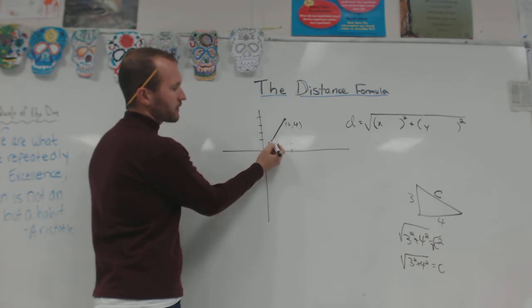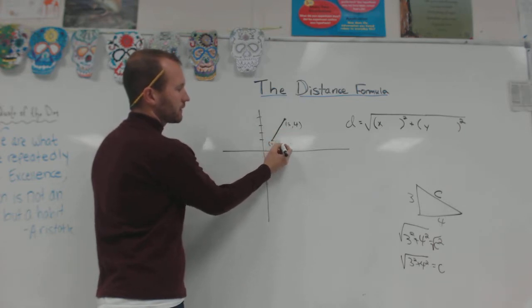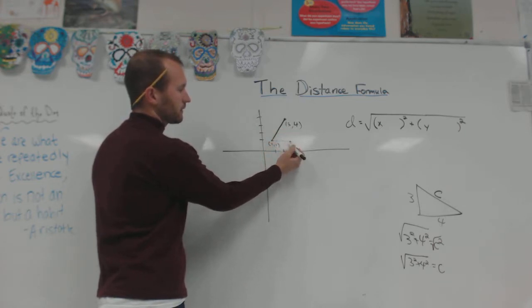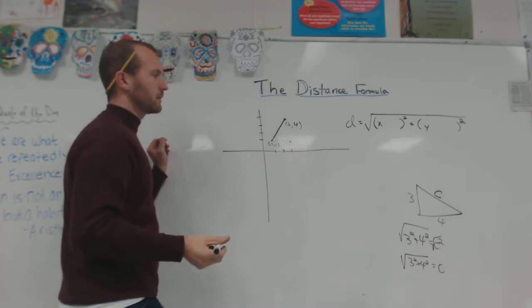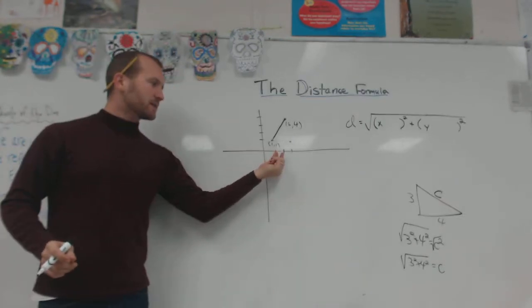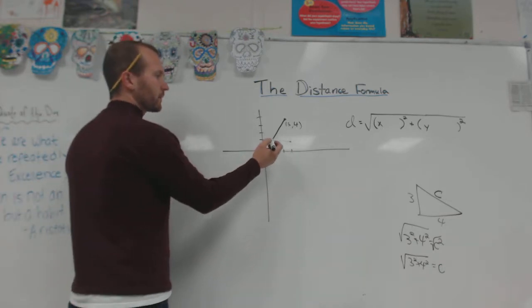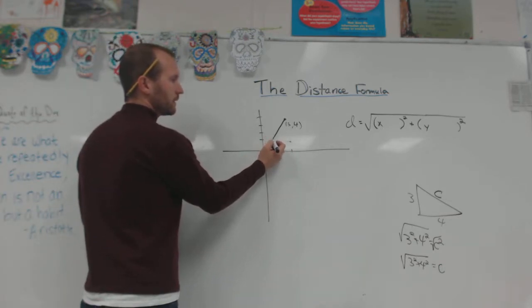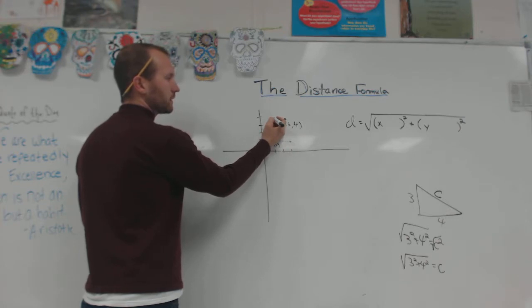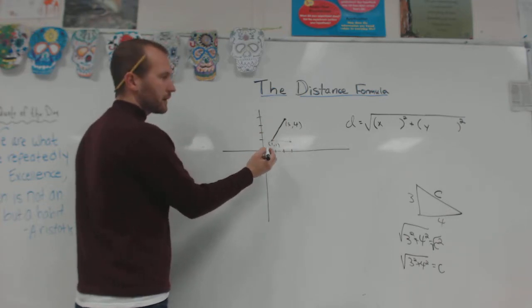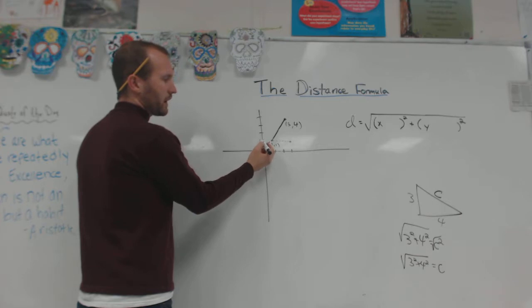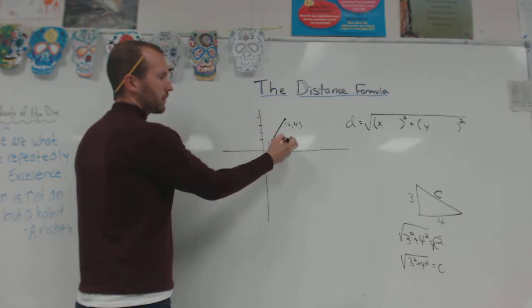You know how far it is from 1 to 3. That's fairly easy just to count. And we also know the distance from here up to here, right? That's just from y being 1, up to y being 4.